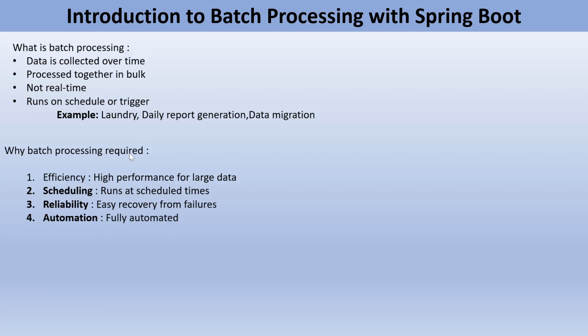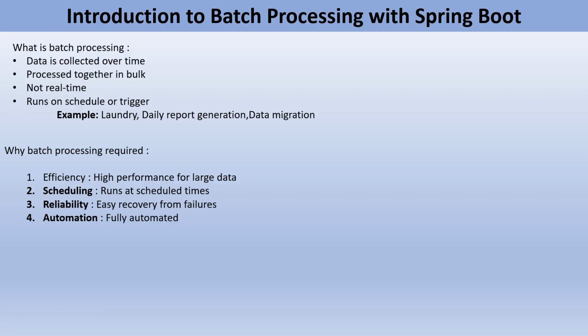Why is batch processing required? Batch processing is ideal for large data volume. Whenever we deal with a large set of data, a large volume of data, then we choose Spring Batch. It runs in bulk, usually off peak hours. Off peak hours means the server has less traffic, and at that time we use schedulers to execute.